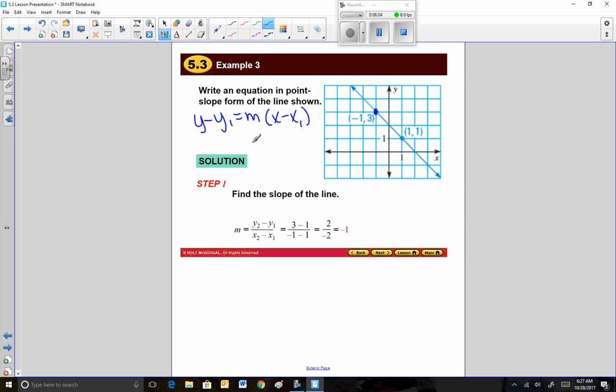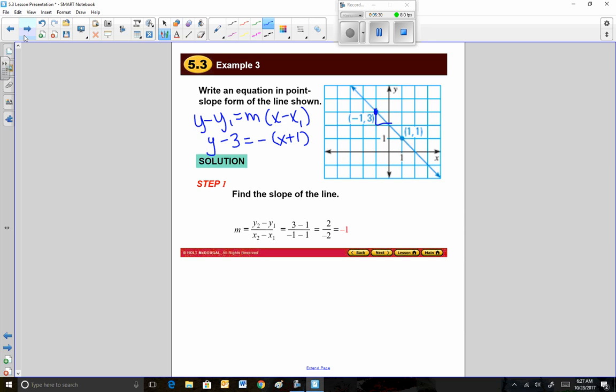So I plug in the y value, 3. y minus 3 equals, and I check my slope, rise over run. I'm going down 1, positive 1. So that's a negative slope, a -1 slope, but we don't put the 1, do we? x minus, and the x value was a -1, so I put a positive 1 here. All right, there's my answer.